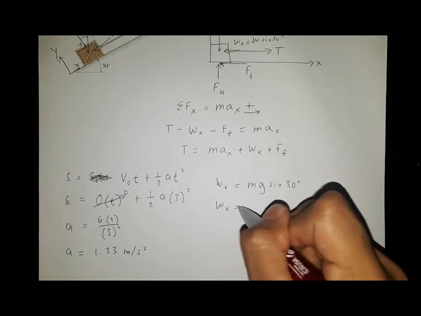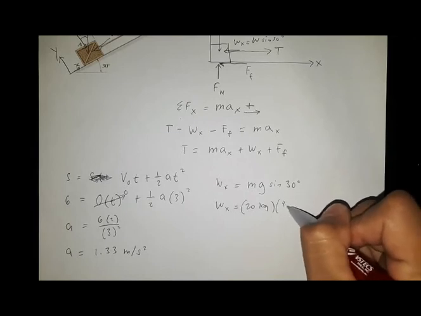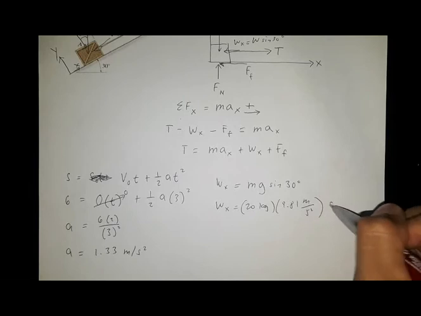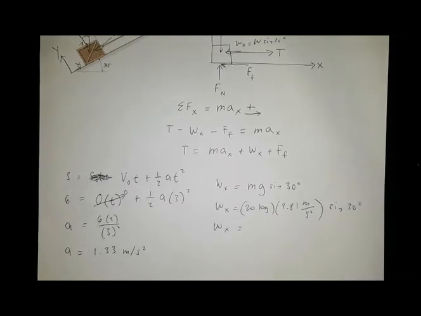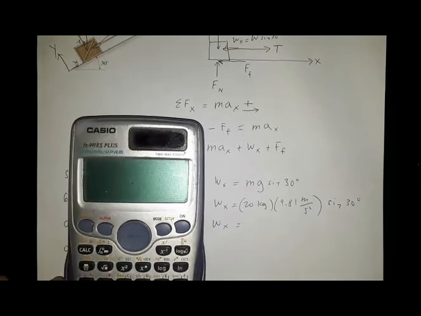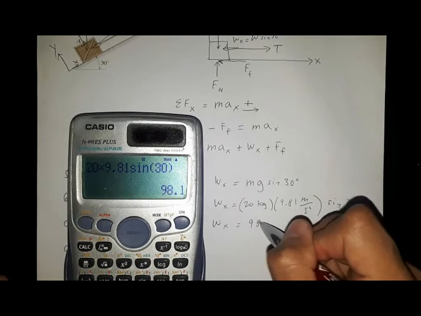So Wx equals 20 kilograms multiplied by 9.81 meters per second squared, that is your gravity, times sine 30 degrees. Wx equals 20 times 9.81 sine 30. So we have 98.1 newtons.